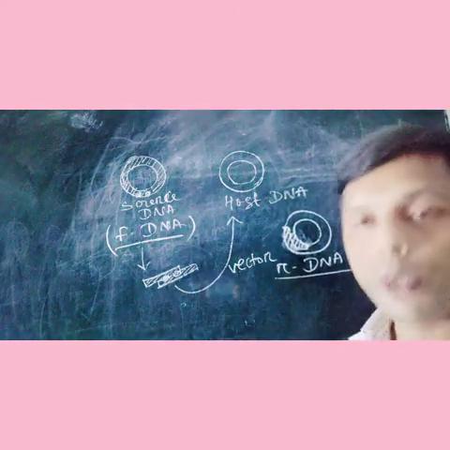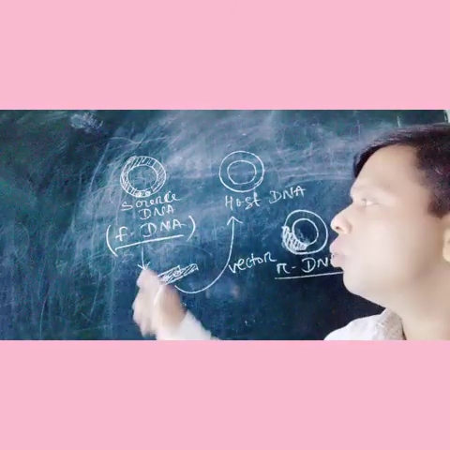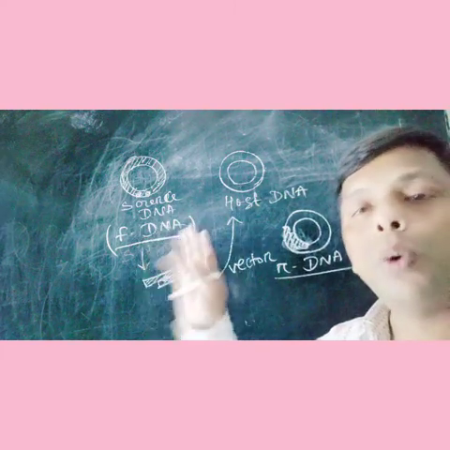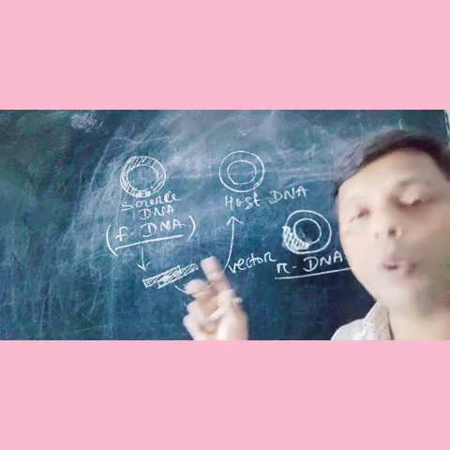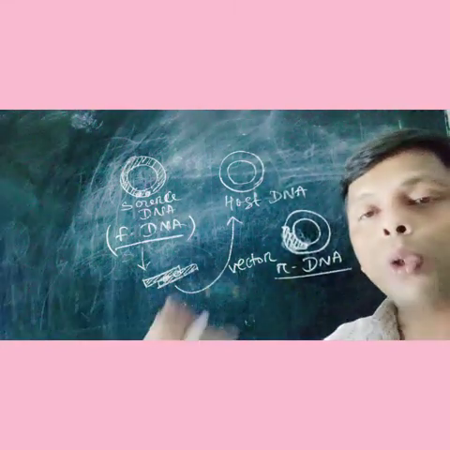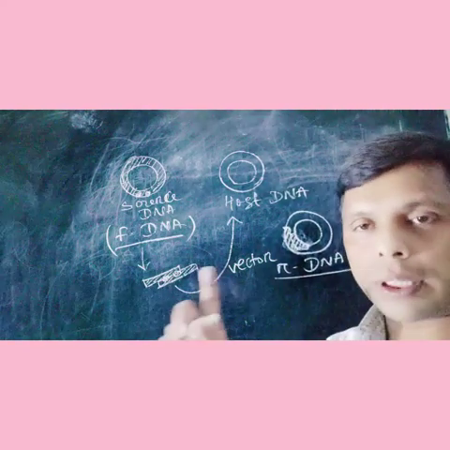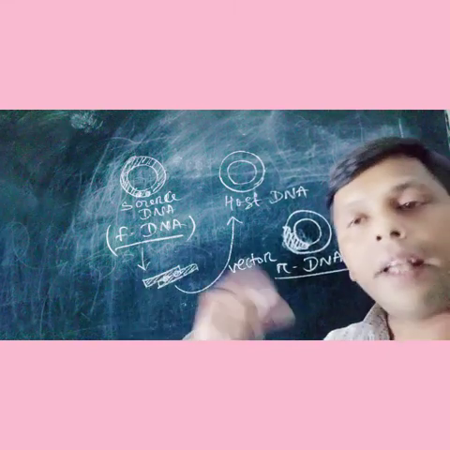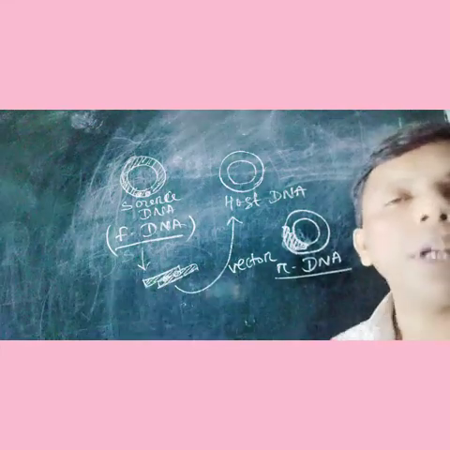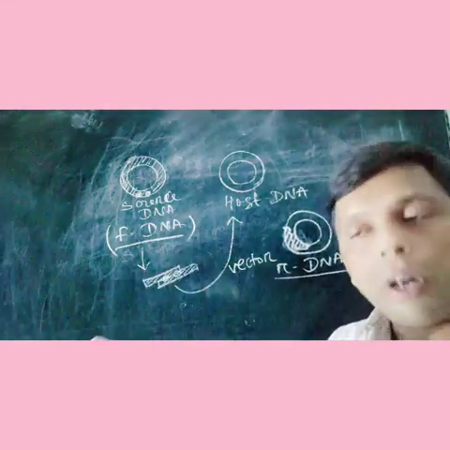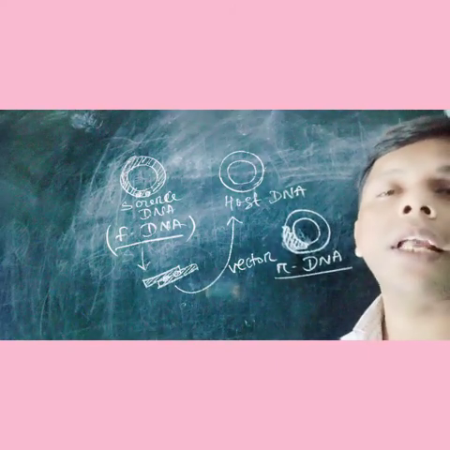So in recombinant DNA technology, we require two DNAs, and with the help of advanced molecular technology, both combine to produce a recombinant DNA. The DNA produced after recombination is called recombinant DNA, and the process in which it is produced is called recombinant DNA technology.